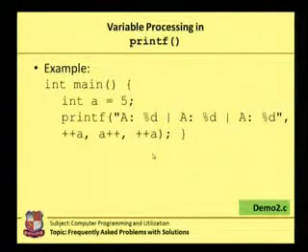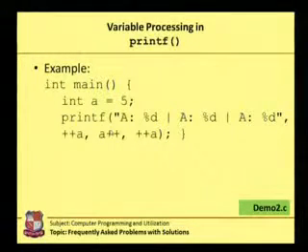In case this is asked in theory, most of you write wrong answers. According to general belief, a is given 5. Now the first variable is plus plus a, and the method of increment is increment the value first and then give the value. So a is now incremented to 6 and this 6 is given to %d. So the first output is 6, then the second value is a plus plus, which means you take the value and then increment it.